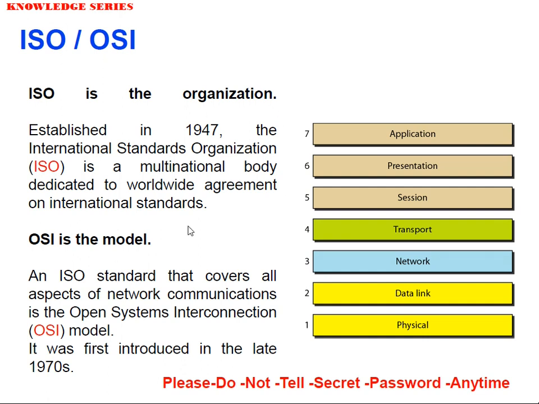The OSI is a reference model, and it is a hierarchical structure of 7 layers. We can see here 7 layers. This hierarchical structure of 7 layers defines the requirements of communication between two devices.